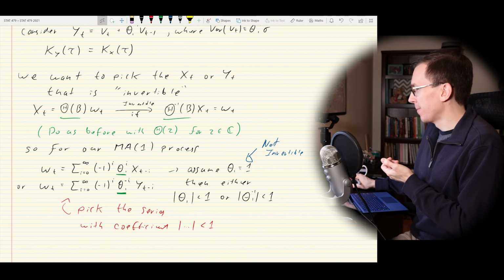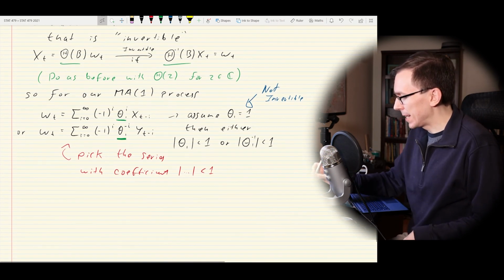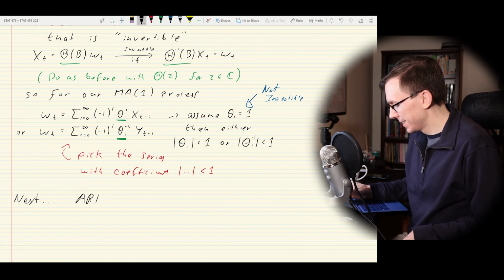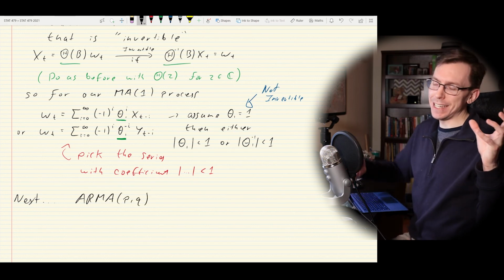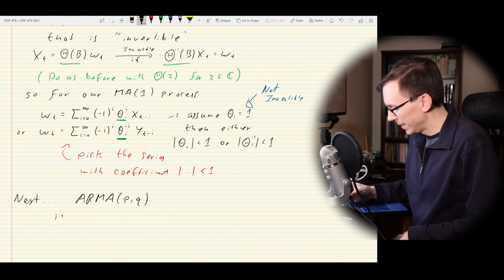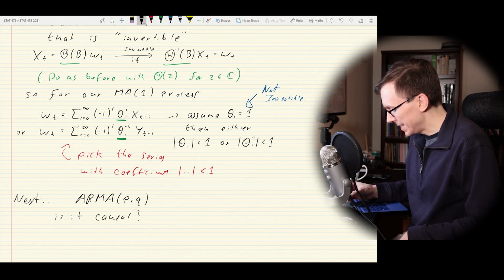I'm just going to write it down so you know where we're going with this. Next is ARMA(p,q), where we take the AR piece, the MA piece, cram them together, and then we want to know: is it causal? Is it invertible?